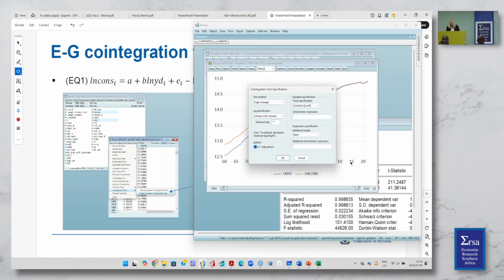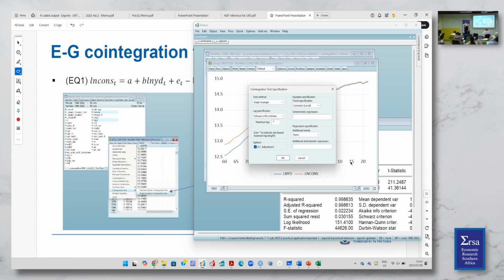what do we need to complete here? Nothing. We can just hit enter, because what happens here is the Engle-Granger test statistic. We will again use the Schwarz criterion to correct for autocorrelation, to determine the number of lags in the augmentation, and that constant.